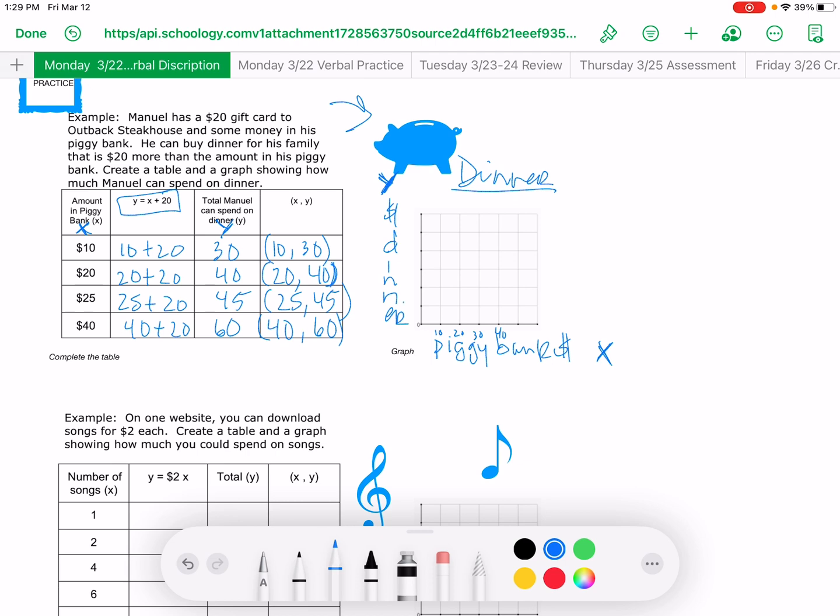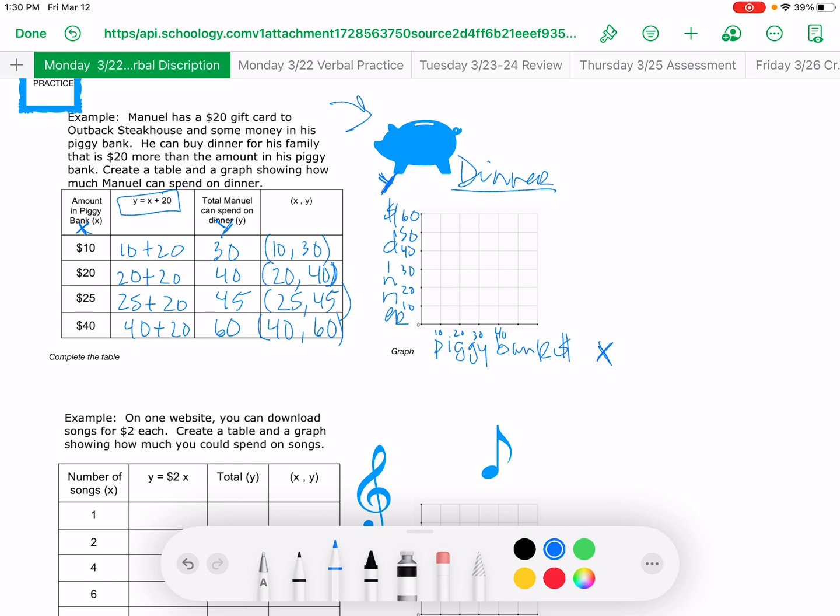And I'm also going to count by tens on the y, 10, 20, 30, 40, 50, 60, because I need to get to 60. Counting by 5s would be 5, 10, 15, 20, 25, 30, 35. Not quite enough.